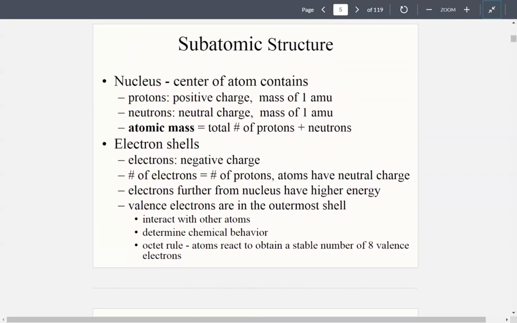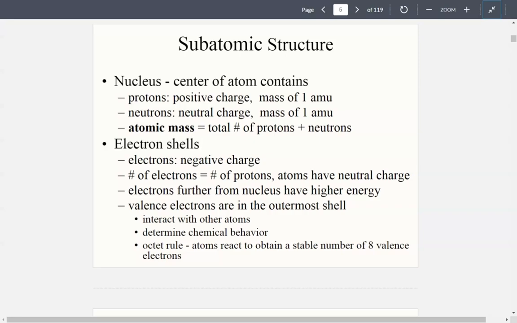All right. Now the electrons, those are not found in the nucleus. Those are going to be found spinning and circling around the nucleus in shells. The number of shells or rings that the atom is going to have is dependent upon the number of electrons it has. In a neutral atom, the electrons are going to equal protons.